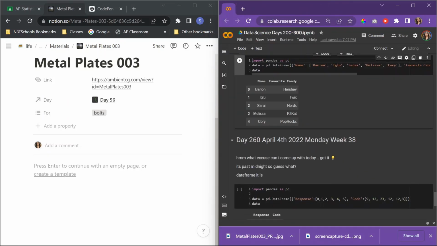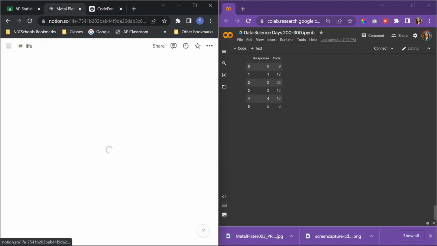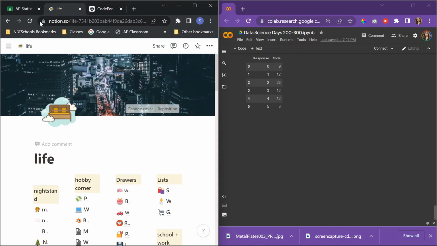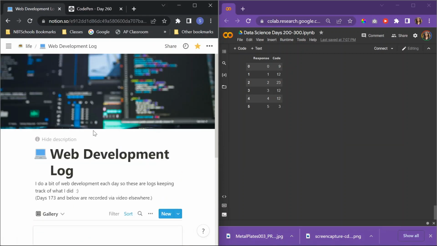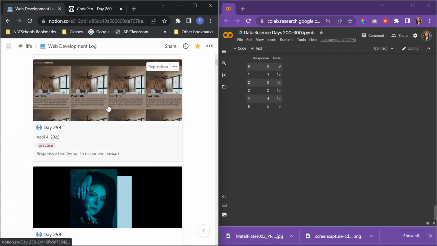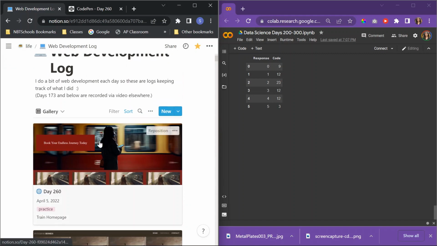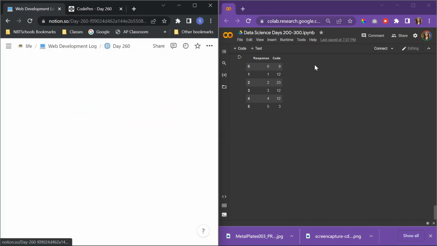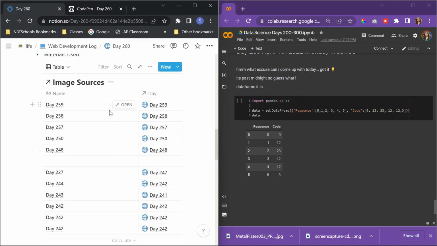That's data science, so let me load that there. And while that's loading, I'm gonna go to life. Close this down. Web development. Go to the first one. That's not the first one. If it didn't save, we're gonna have a problem. Okay, here, thank God. Okay. I forgot to do materials.